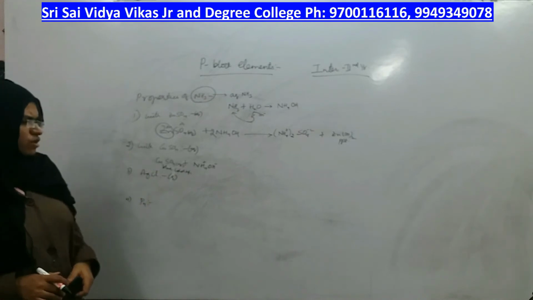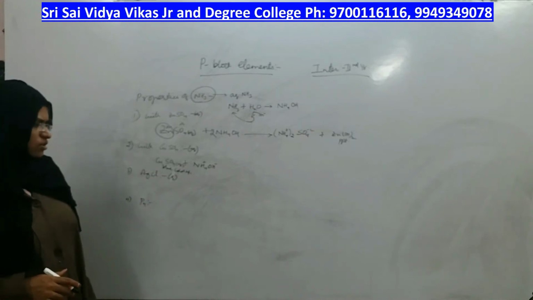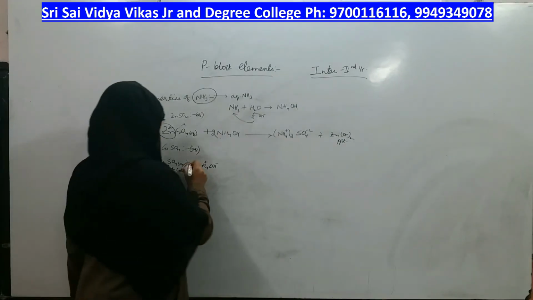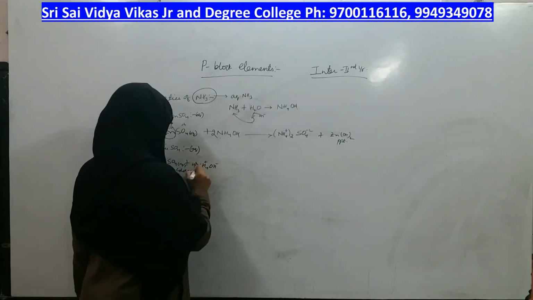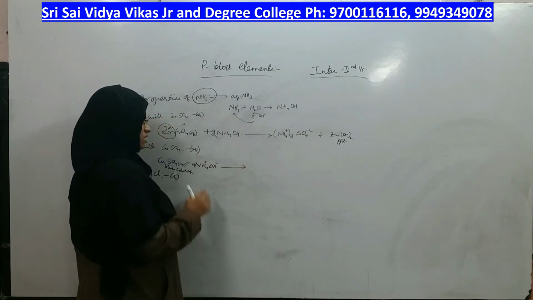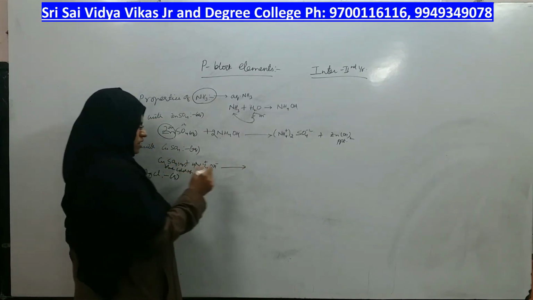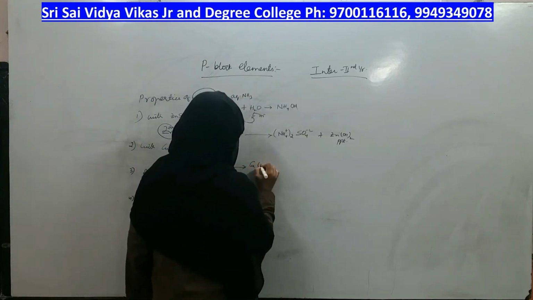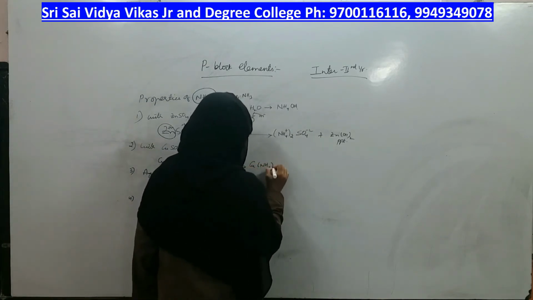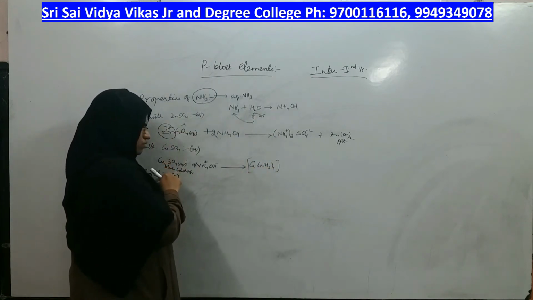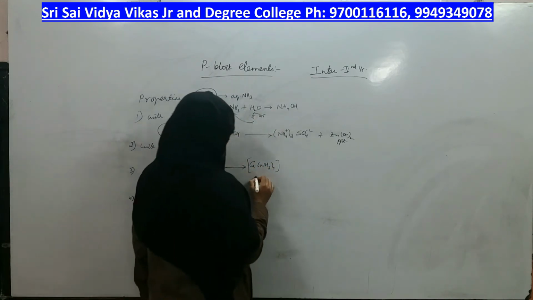To that, if you add aqueous ammonia, or just ammonia, how many times? 4 times. Ammonia forms a complex with copper, which is nothing but copper tetraamine complex. What is the color of this solution? Blue color.